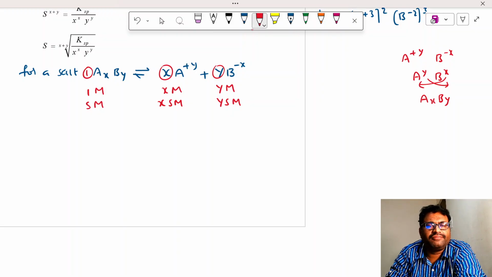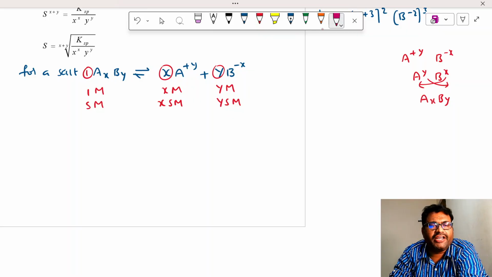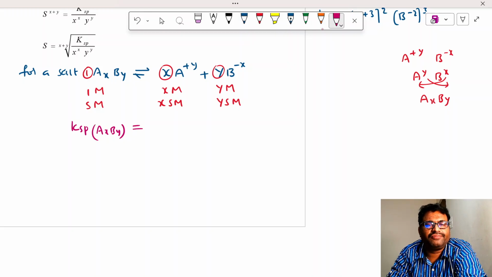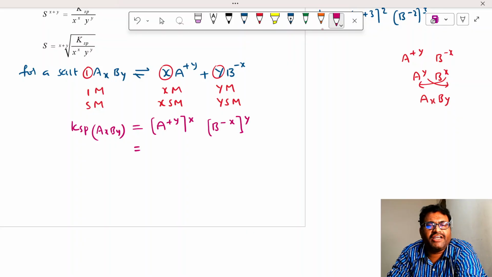Now let us take, what is KSP? How do you write KSP? KSP of AX BY is equal to concentration of A plus Y power X, because X moles, and concentration of B minus X power Y. Now the concentration of A plus Y you found as X into S molar.